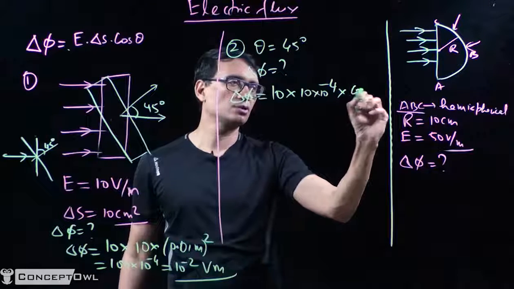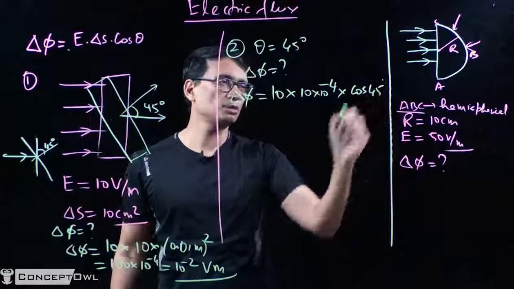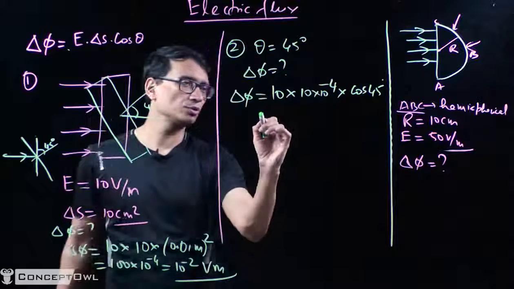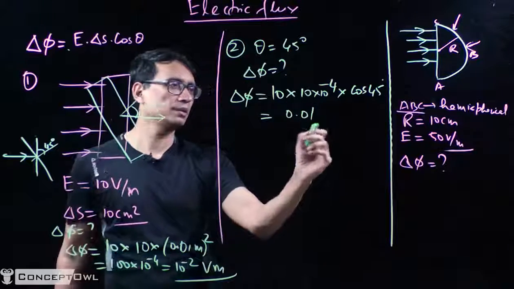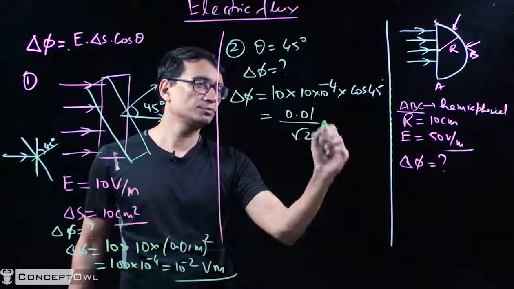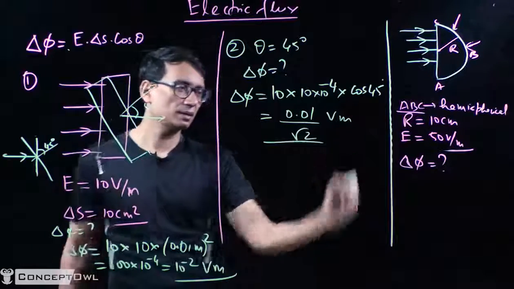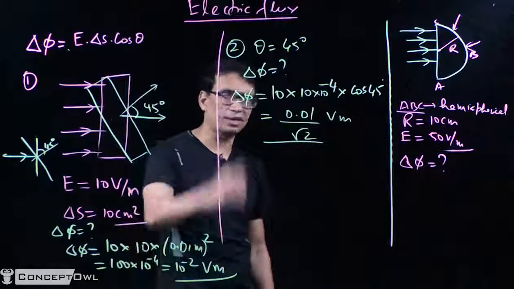Cos 45 is nothing but 1 by root 2. So this would be 0.01 upon root 2 volt meter. This is my electric flux in the second case.